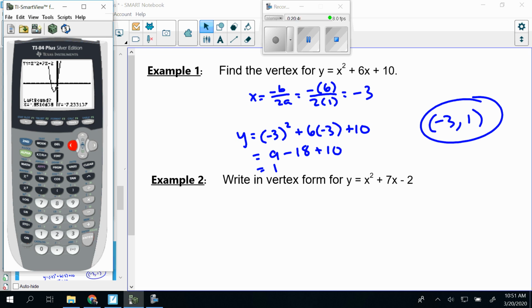For this one, rather than guessing, I'm going to use the cursor here. Move that cursor to the left of where that vertex is anywhere, hit enter. Then move the cursor to the right of where that vertex is, past it, hit enter. Hit enter one final time and it'll tell you where that vertex is. So on this one, it looks like the vertex is at negative 3.5.